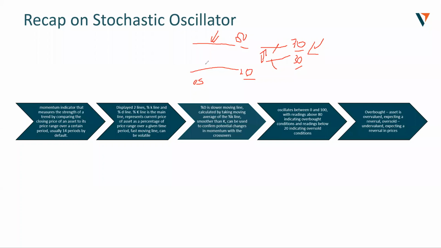Two things to note for stochastics: generally I like to use it with the exit of the region. The reason is that stochastics usually works in a ranging market. If prices are testing a support or resistance area, then at every exit of stochastics, it will match with the reversal points.